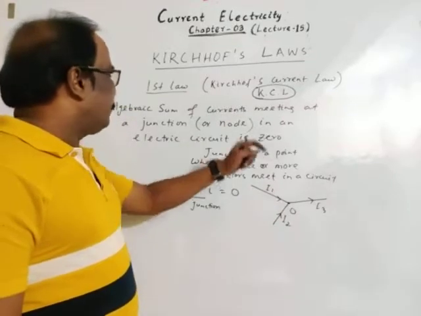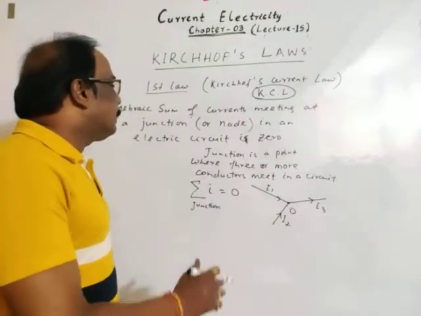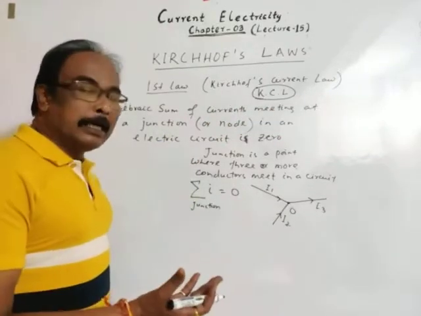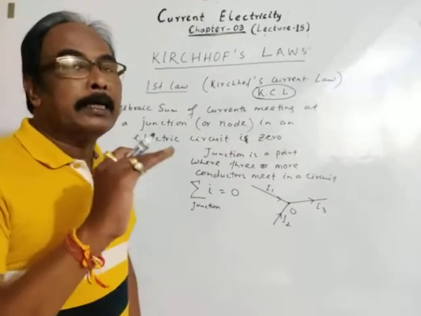Then according to Kirchhoff's first law, the sum of currents meeting at a junction or node in an electric circuit is 0. So we have to consider sign convention.